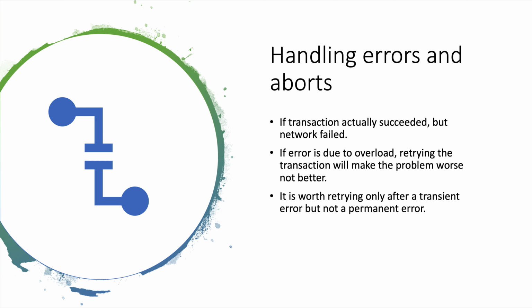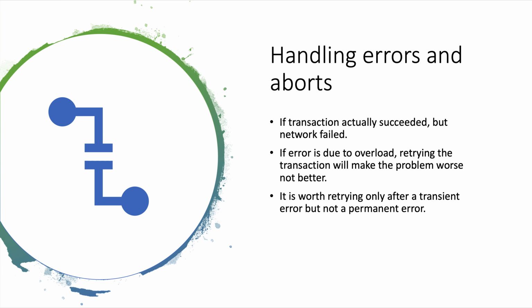So what happens if the error is due to an overload, and if we retry the transaction, it will make the problem worse? In these cases, we should avoid such feedback cycles, and we can limit the number of retries, use exponential backoff, and handle overload-related errors differently from other errors.